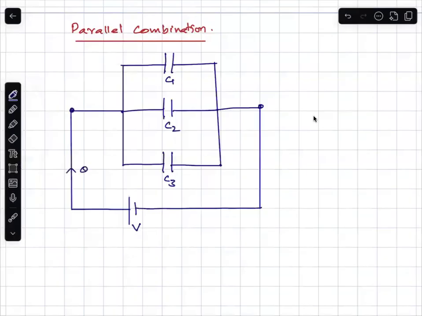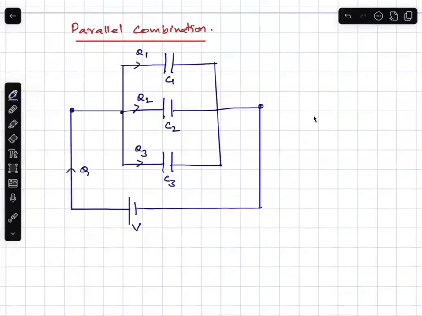Now a charge Q is driven by the battery. This charge reaching this junction will split into Q1, Q2, Q3 because they are of different capacities.